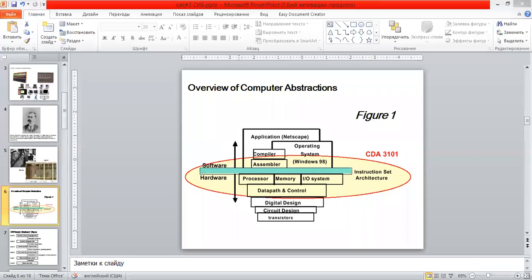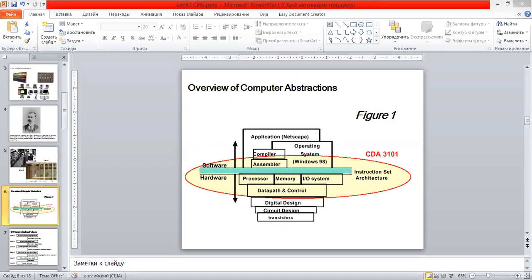Next is instruction set architecture. Instruction set architecture interfaces the software to the hardware. So it's least above to least below, and it provides support for programming. Next is processor, memory, and input-output system.